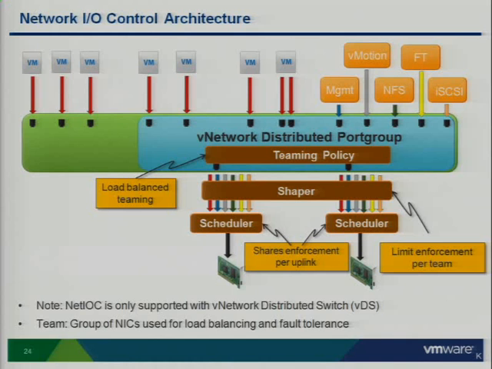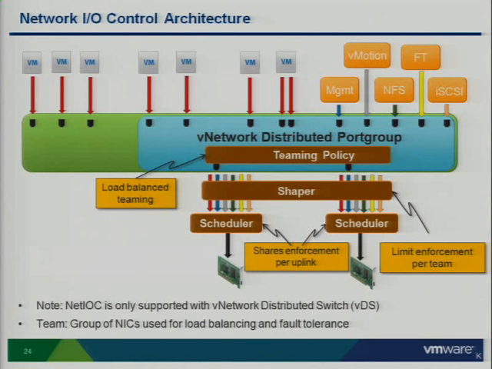And what that does is, let's say you have 70 shares, for example, for your VM network traffic, and 15 shares for your vMotion. What that means is, if there is contention, if you are oversubscribed on the network link, then yes, 70% will go to the VM networking, and 15% would go to the vMotion.